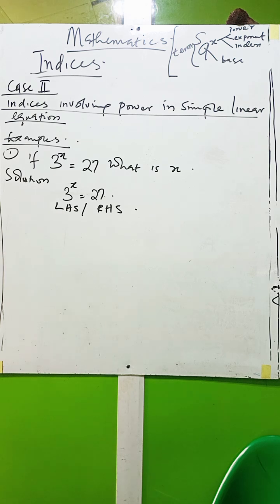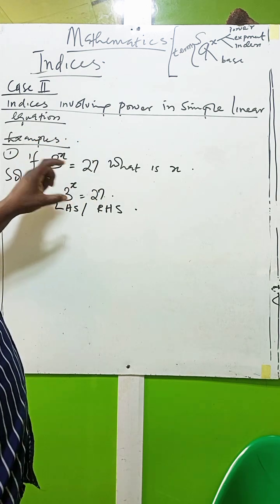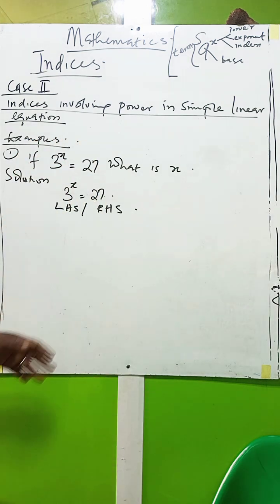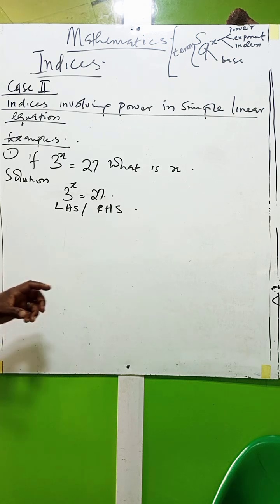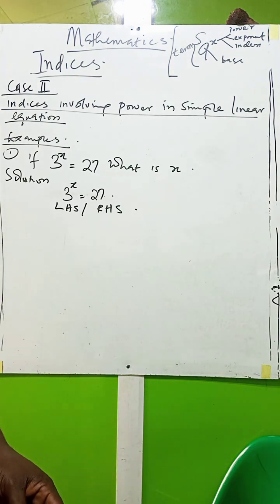In this case, they will both be in base 3. Express them such that they will both have a common base.